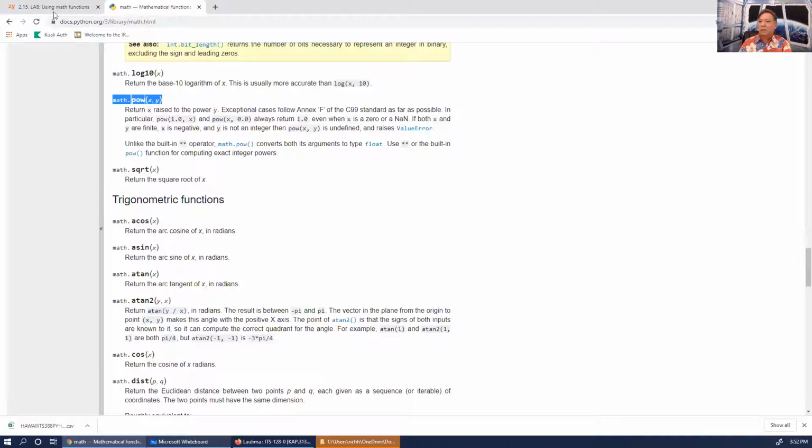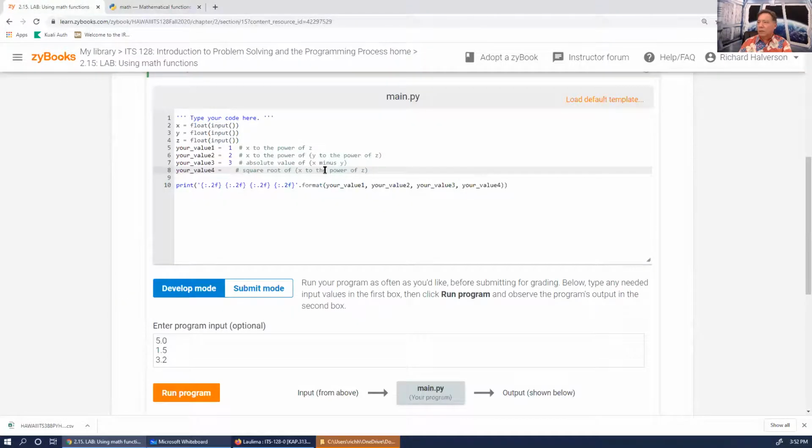Well, let me just type it in. So first I'm going to do math square root, SQRT, and then x to the power of y, math power x comma y. No, x comma z. X comma z.